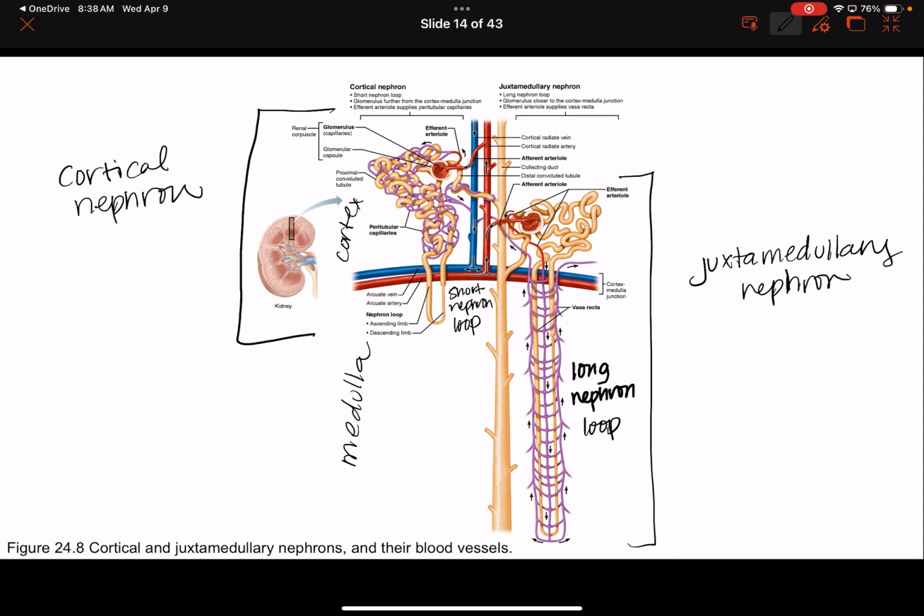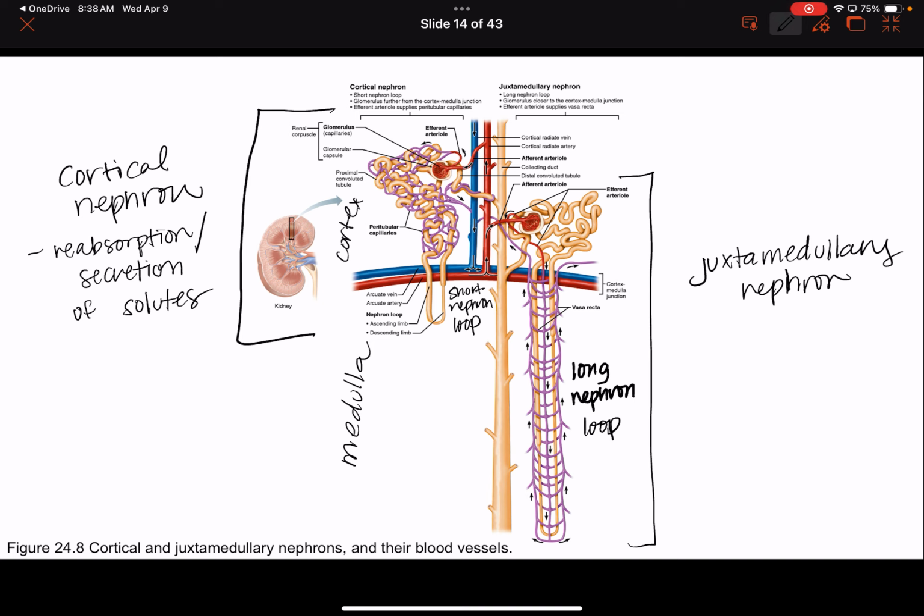And so the cortical nephron is going to do mostly reabsorption and secretion of solutes. So it's going to regulate what substances are going to end up in the urine, which are going to end up in the blood.